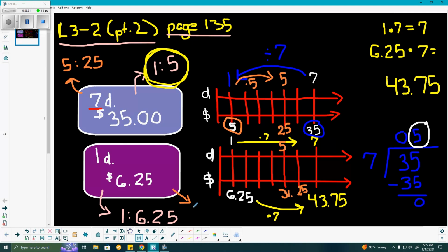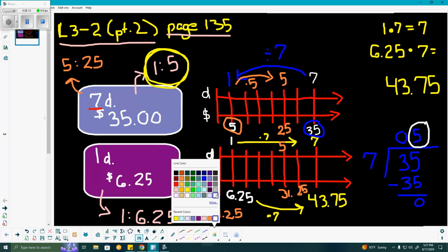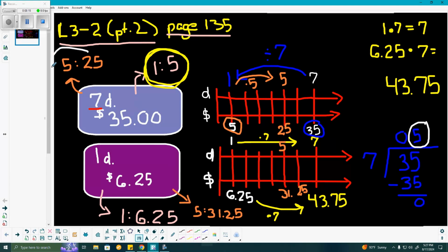So my second ratio is 5 to $31.25. Again, it will be much cheaper if Yelena purchases the first ticket.